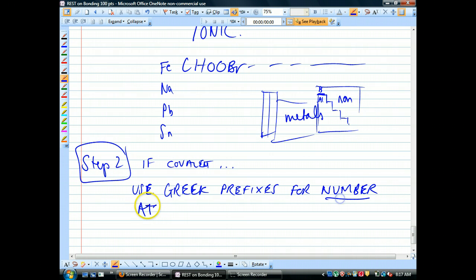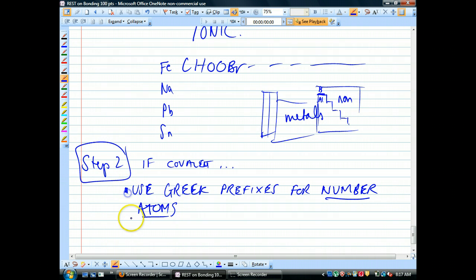And you might remember, to your frustration, that the method for ionic compounds did not tell you how many atoms there were of each. It tells you the charge sometimes, but you have to figure out how many atoms there are. Not so with this, so this is actually easier. It's going to tell you the number of atoms.